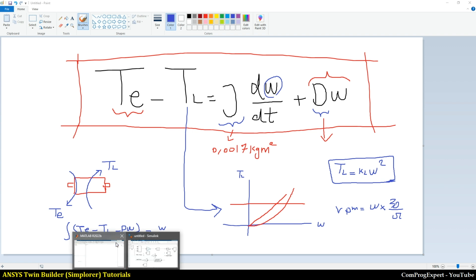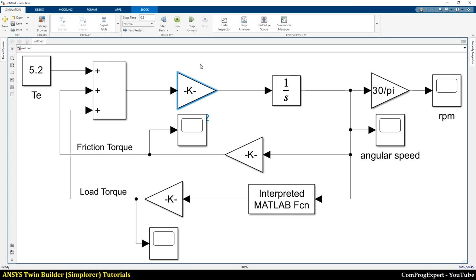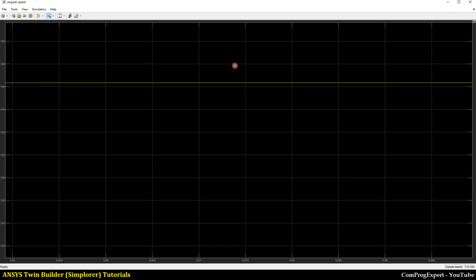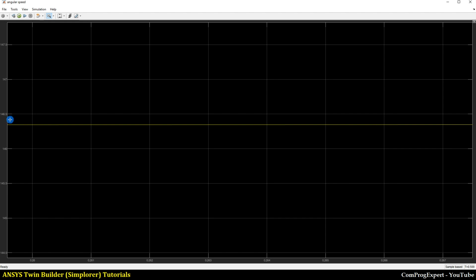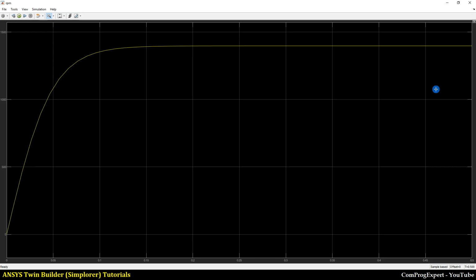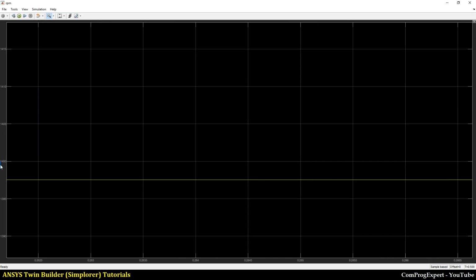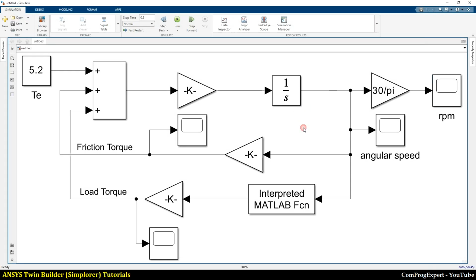So, if I solve this equation, here you can see the angular speed. The rated one is equal to 146, close to this number. And this is the rotor speed, that is equal to 1400 RPMs, close to this number.